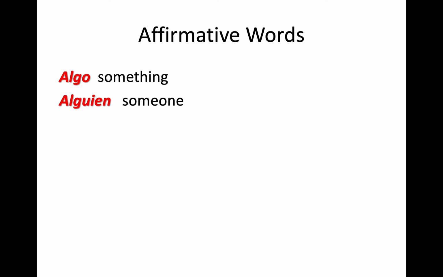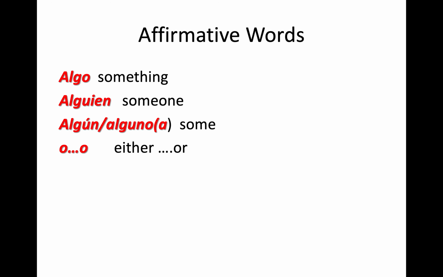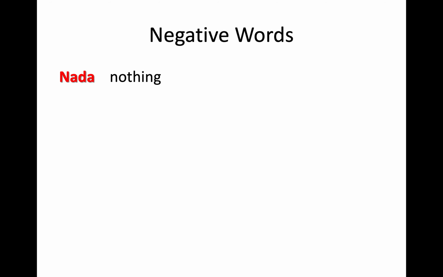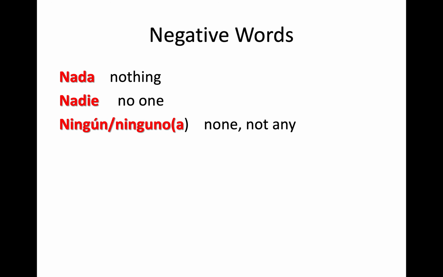Now we're going to learn about the affirmative words. We have algo, alguien, algún, alguno o alguna, depending on what you're describing. O, siempre, también. So they are all affirmative, okay? And the negative will be nada, nadie, ningún, ninguno, ninguna, depending on what you're describing.